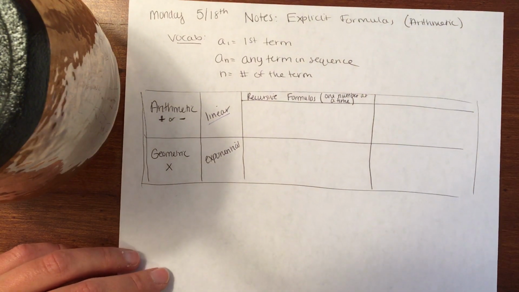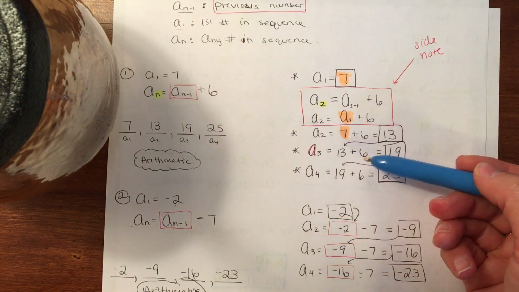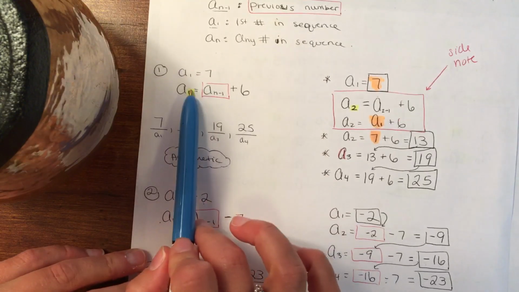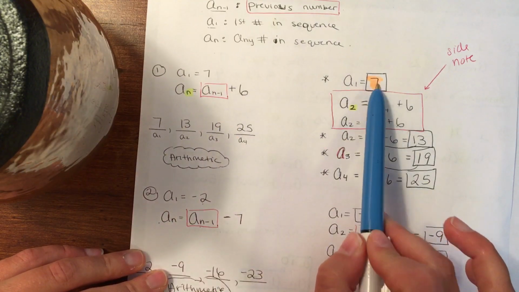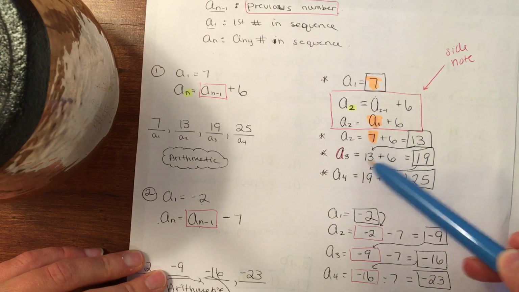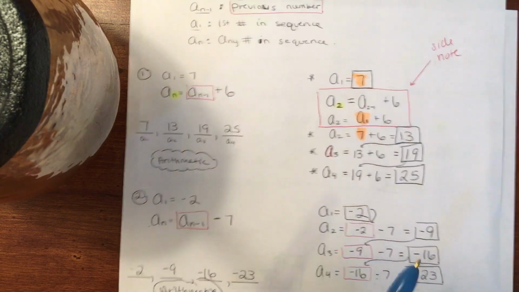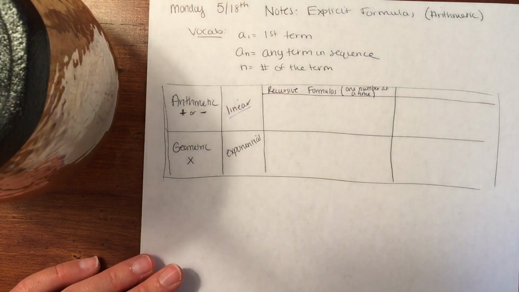And let me just show you, you don't have to write this down, but from your notes last week, this was a recursive formula right over here. And we used that to find one number at a time. You needed the number before it, so you could plug it in to find the next number. Then you'd use that number to find the next. You couldn't just jump and find the 100th number. Okay, today's formulas, you're going to actually be able to do that.